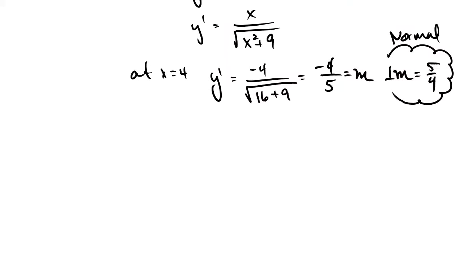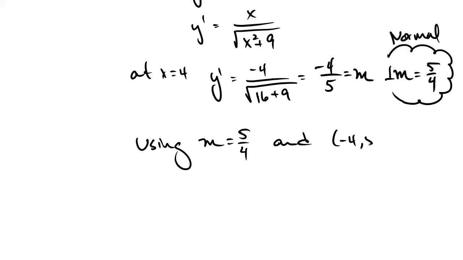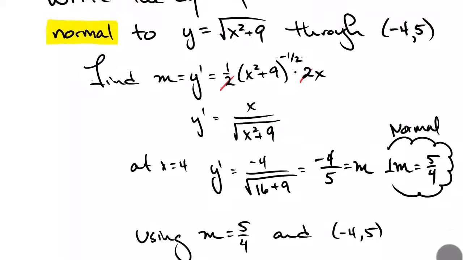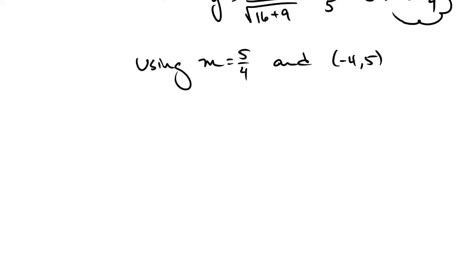Once I've got that, I still don't have the equation of the normal line, but I can get that by using the slope of 5/4 and the point that we were given of -4, 5, along with the point slope form of the equation of a line.